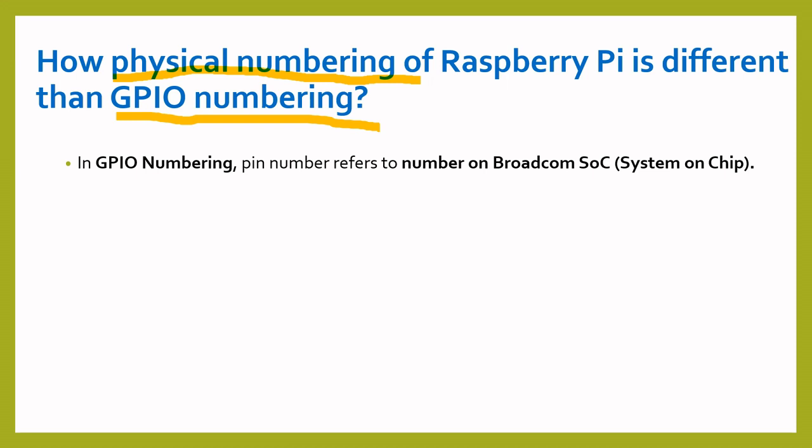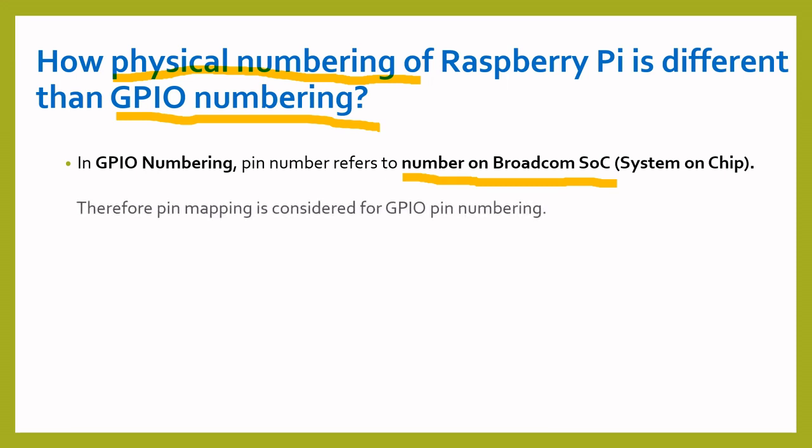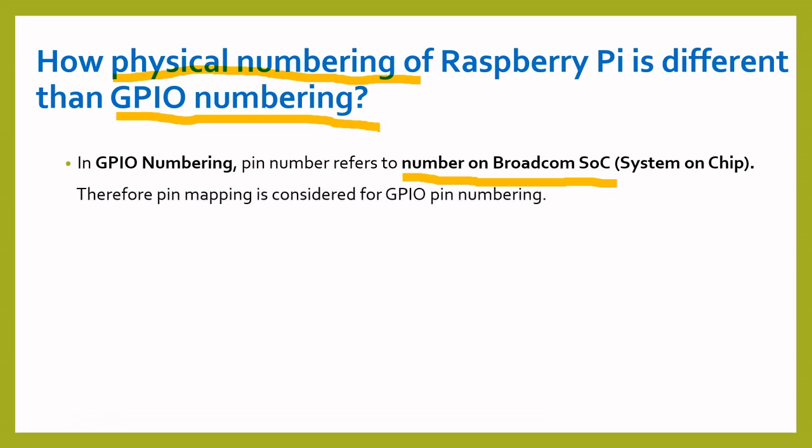In GPIO numbering, the pin number refers to the number on Broadcom SoC, that is system on chip, and this pin mapping is considered for GPIO numbering. The numbering of GPIO pins is not in numerical order because it refers to the number on Broadcom SoC.